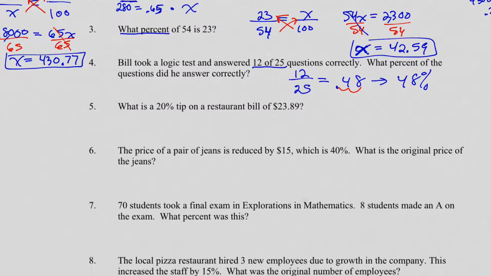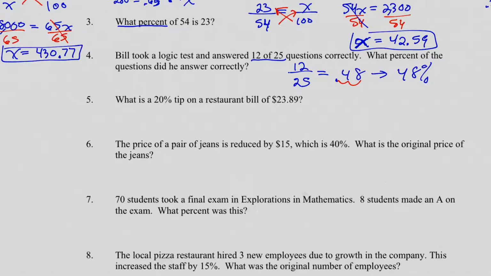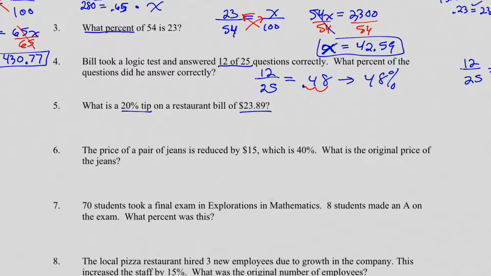So number 5 talks about what is a 20% tip on a restaurant bill of $23.89. So this is just a simple percentage of a number. And this happens a lot in the real world, is 20% of 23.89. So basically we're going to do 0.20 times 23.89.